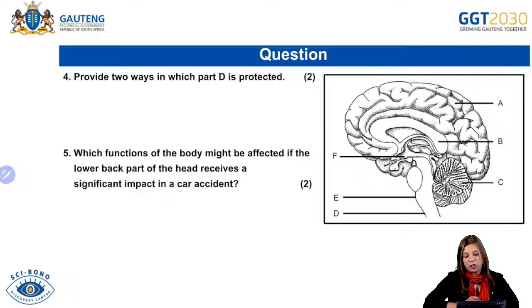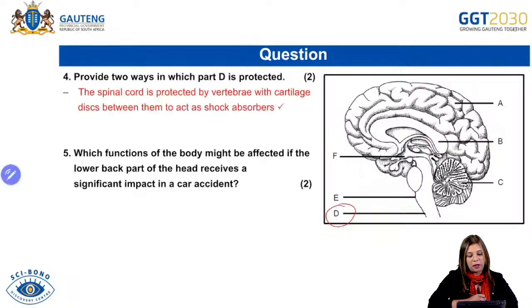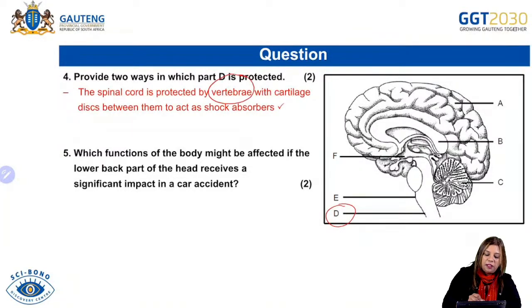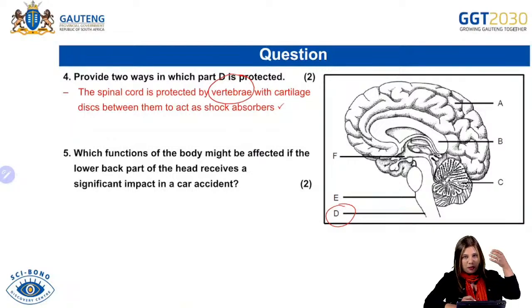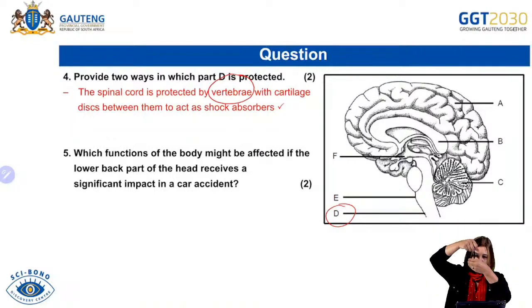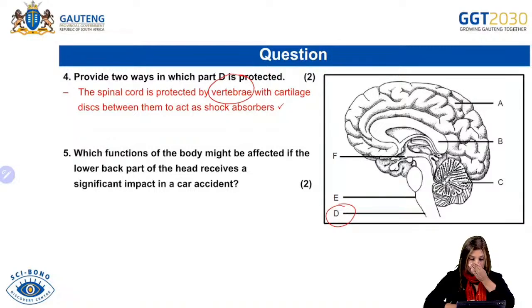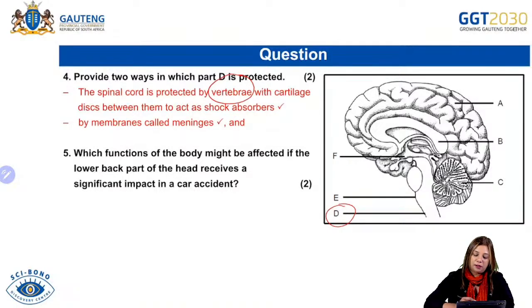Provide 2 ways in which part D is protected. Now already we know that part D is going to be protected by the cerebrospinal fluid. It is protected by the vertebra, because the vertebra are those bony-like structures which house the spinal cord, which is found on the inside. So that is one mark. The second mark will be by the membranes called the meninges.